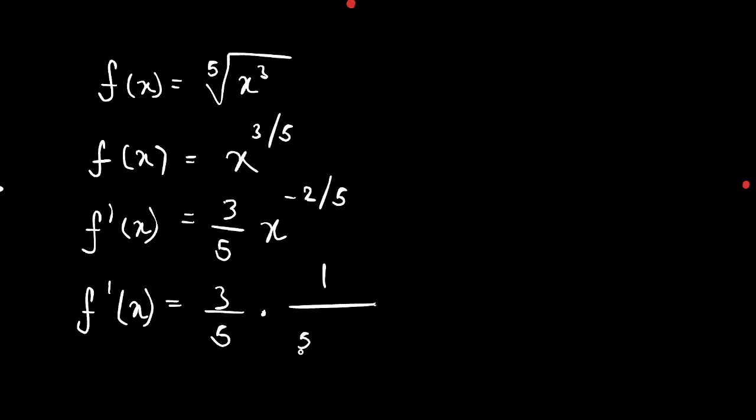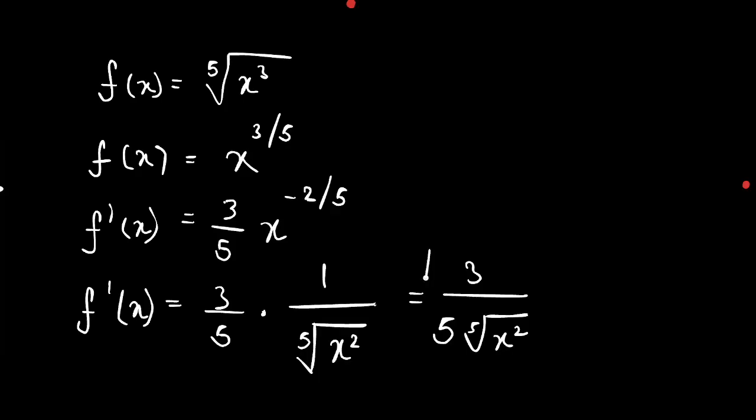So we're taking the 5th root of something, and this is x to the 2nd. So as we saw previously, this is just going to be the 5th root of x squared. Then further, going on with this multiplication gives us an answer of 3 divided by 5 times the 5th root of x squared. And this is going to be our derivative.